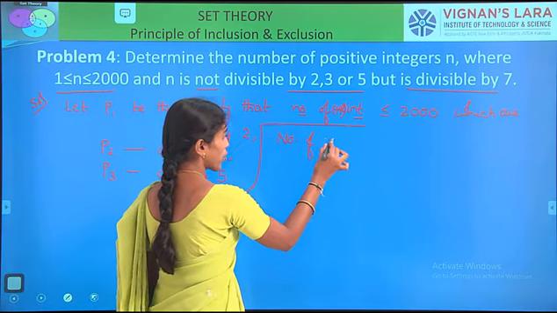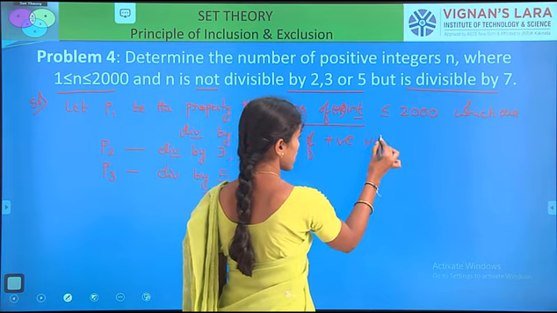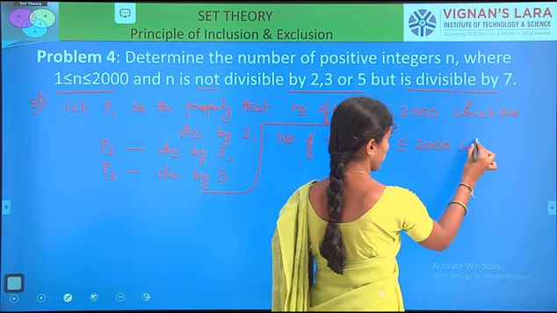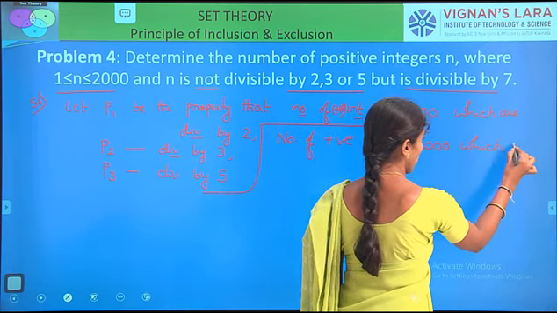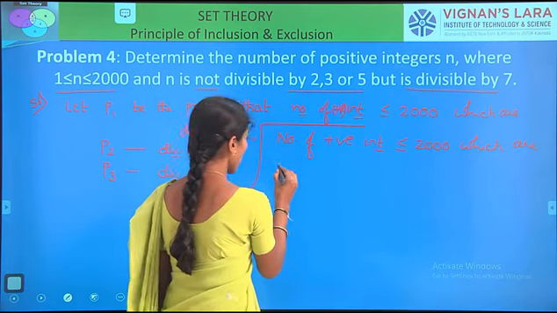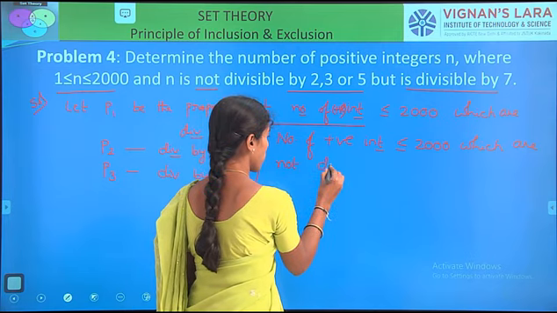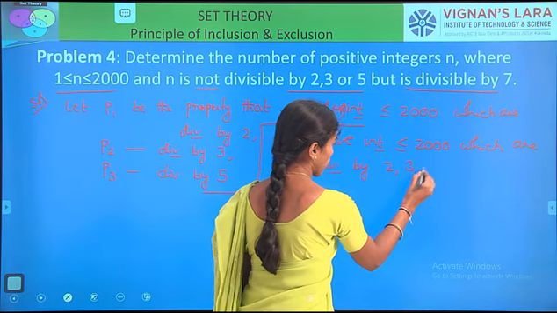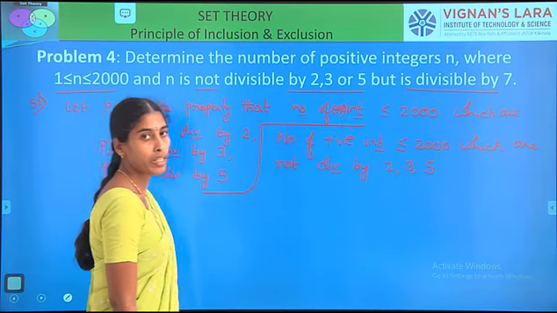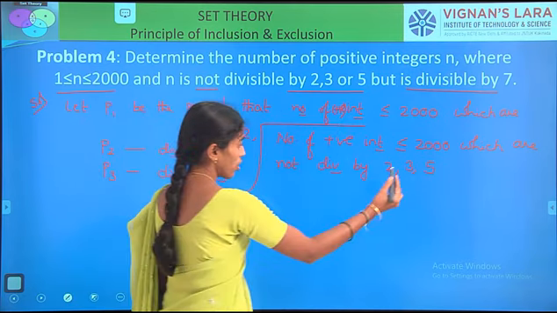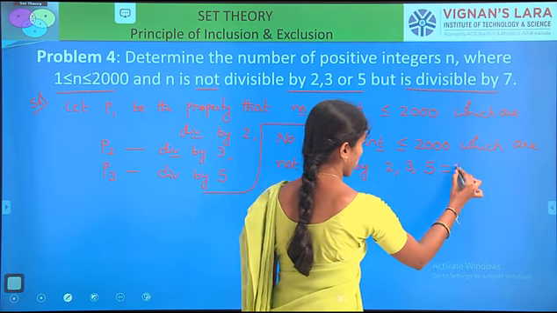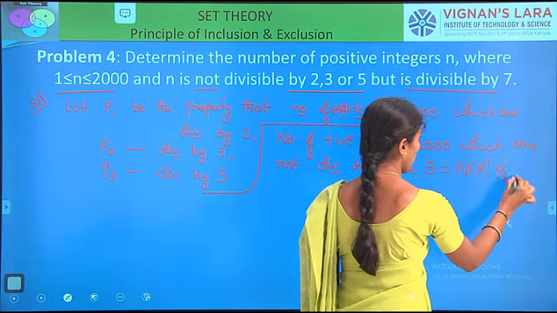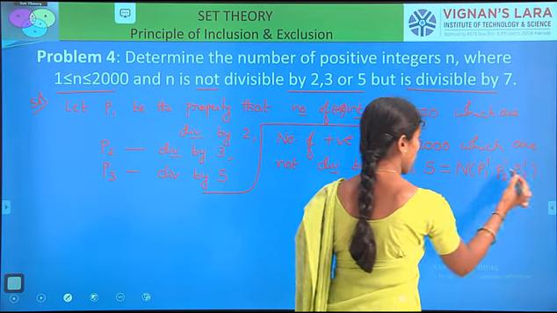Now we need to calculate the number of positive integers less than or equal to 2000 which are not divisible by 2, 3, 5, which is nothing but n of P1 complement, P2 complement, P3 complement.